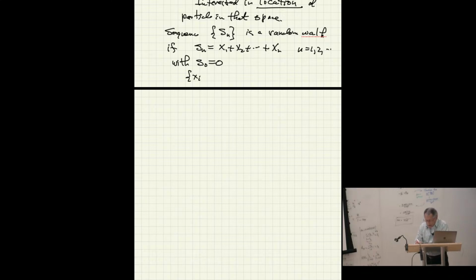This set of numbers xi is a sequence of independent random variables with a common distribution. In other words, they're IID, independent, identically distributed random variables.